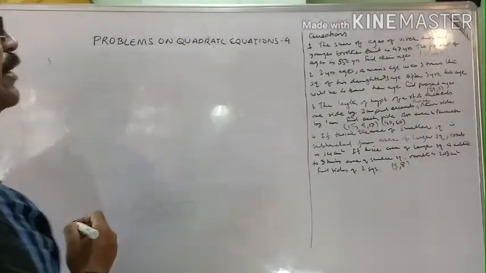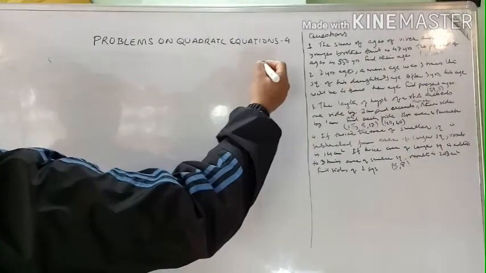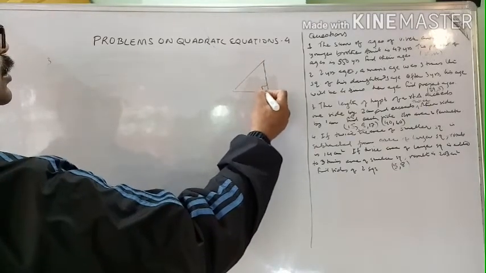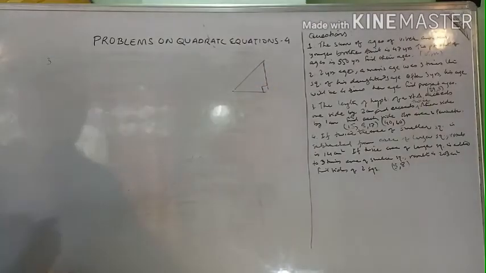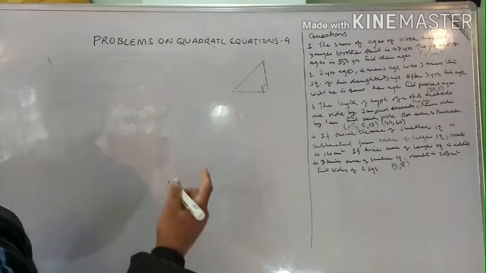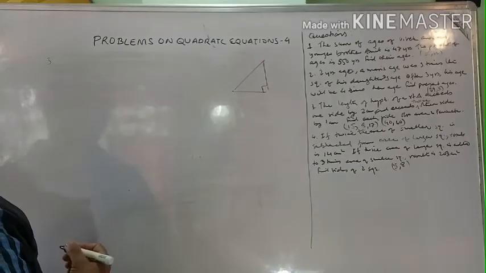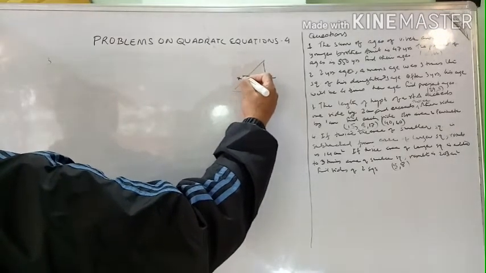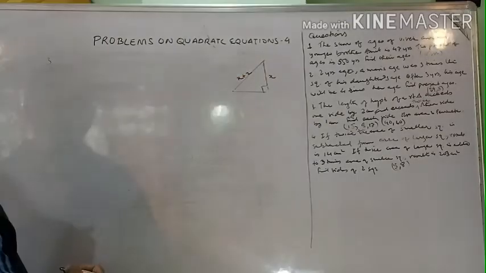The length of the hypotenuse of a right triangle. So a right triangle here. It says the length of the hypotenuse exceeds one side by 2 cm and exceeds twice the other side by 1 cm. So if this side is x, then the hypotenuse will be x plus 2, because it exceeds x by 2.